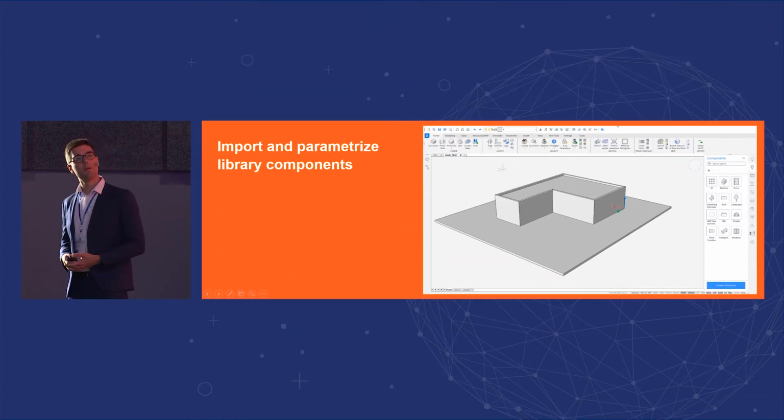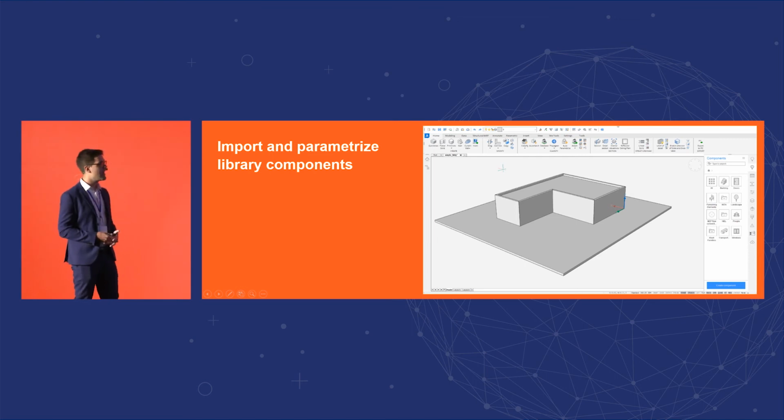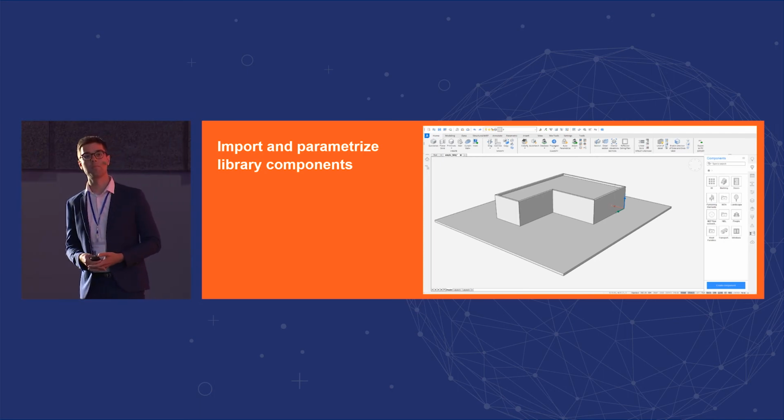Another example where we use technology to automatically increase the level of detail of your BIM model is parameterize, which is technology that can automatically create 3D constraints and parameters from a component. In fact, here we will show an example where we use the ODA technology to import RFA files, so Revit family files, and they can be used directly within the BricsCAD BIM model.